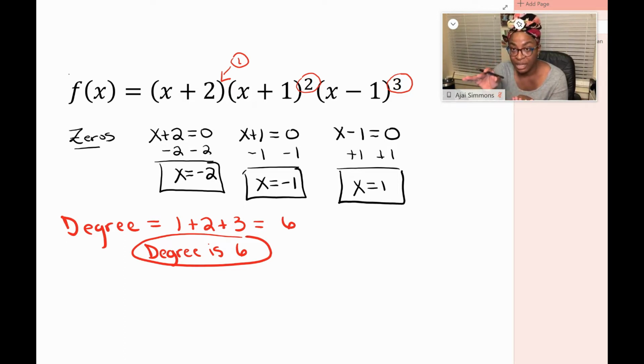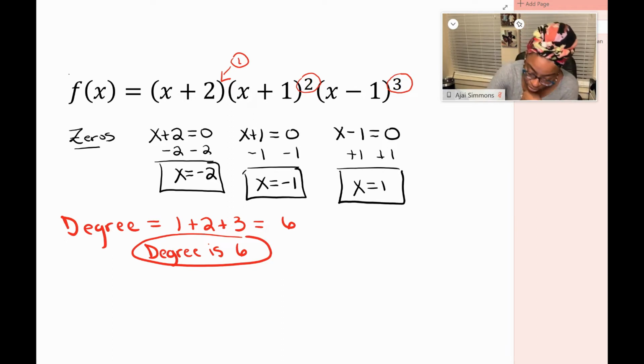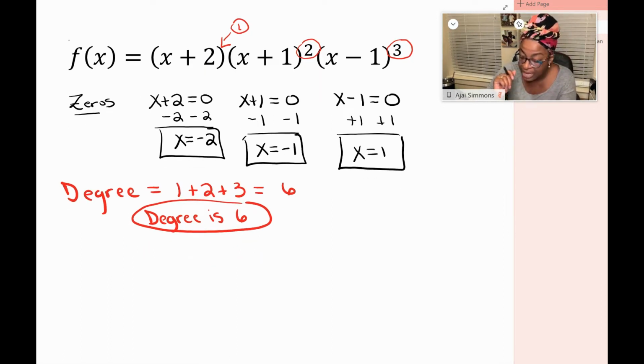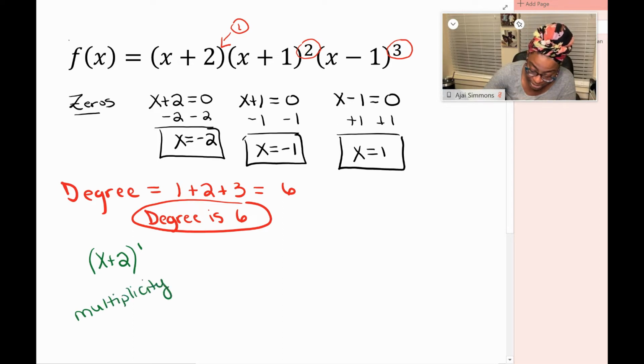Let's take a look at the exponents again, because there's something else I could say about the exponents. I'm going to change colors here. Let's change to green. Okay, let's do green. Another thing that we can talk about with these powers is whatever power is attached to a factor, like this x plus 2 had a power of basically 1. Because it has a power of 1, in mathematics we say that it has a multiplicity of 1.